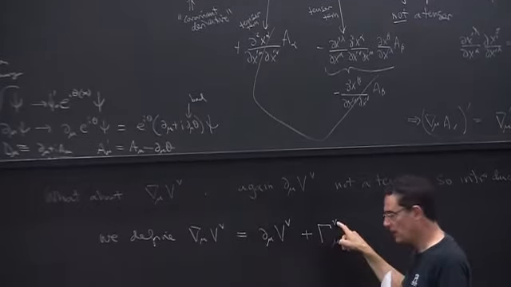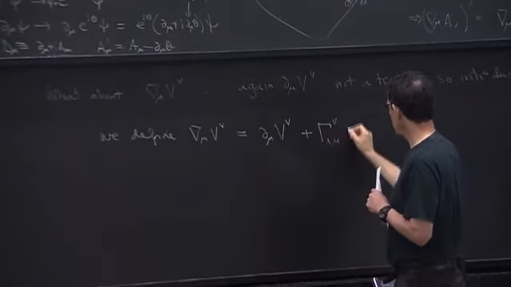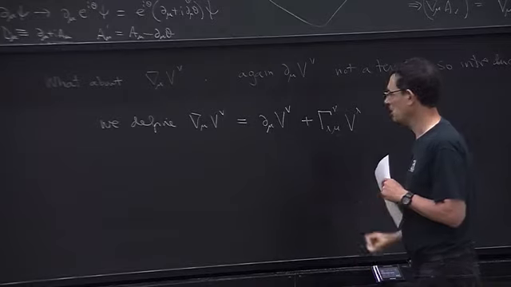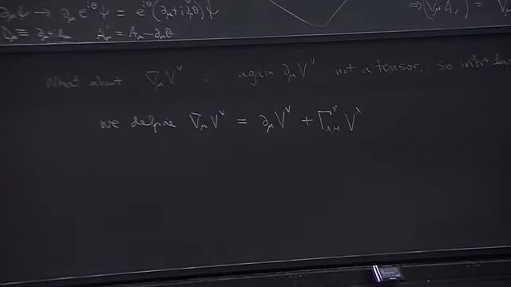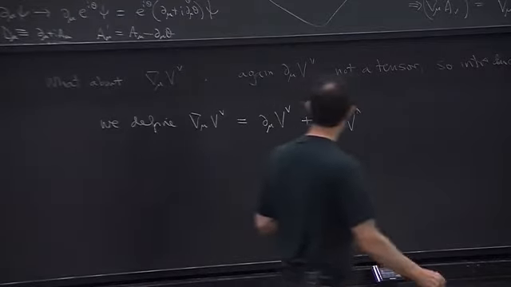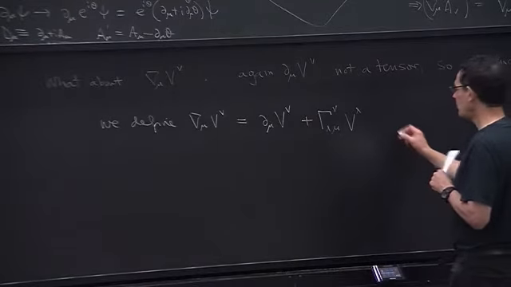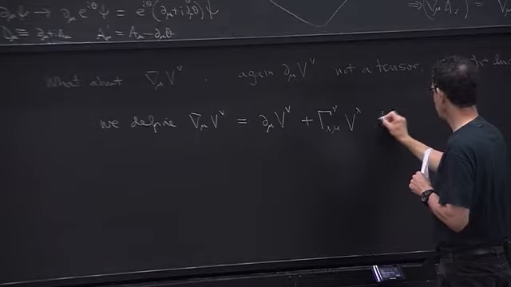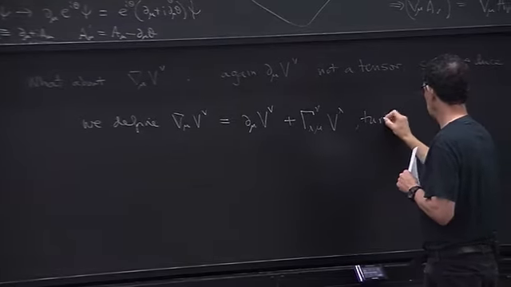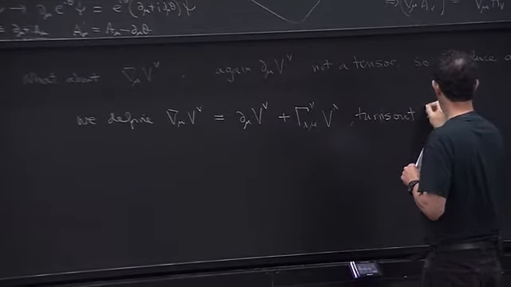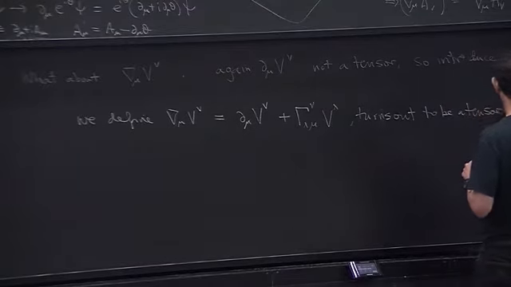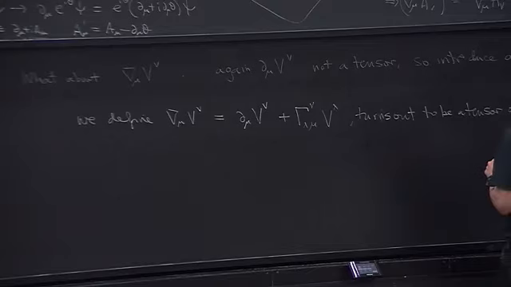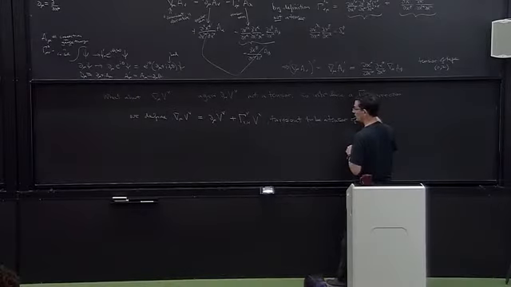I've got an upstairs index, and so I use the other downstairs index on the gamma to contract the V. So that at least looks like it has sensible indices. And this turns out to be a tensor of type 1,1.